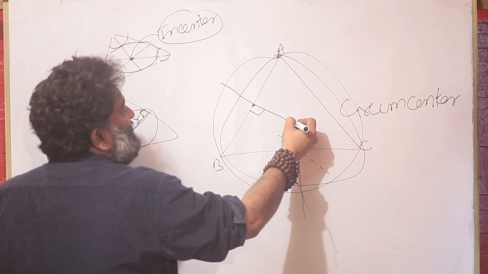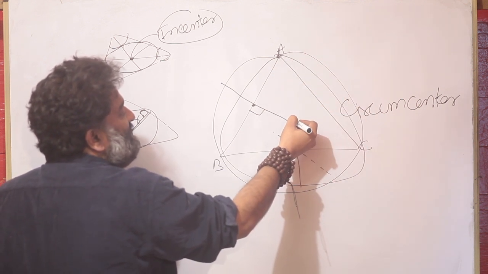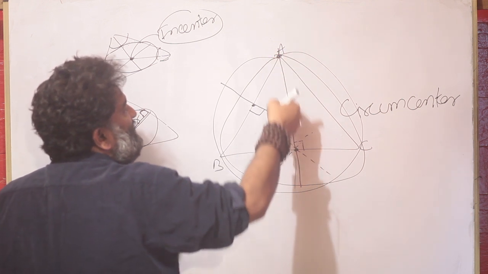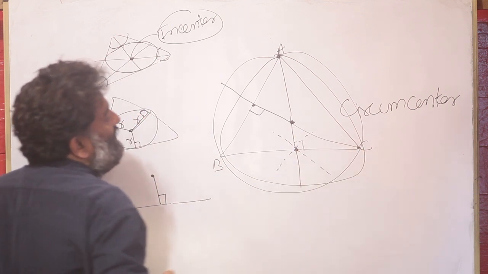If you're thinking of a circle, all points of the circle are equidistant from this point. That means this point is going to be the same distance from A and from C.